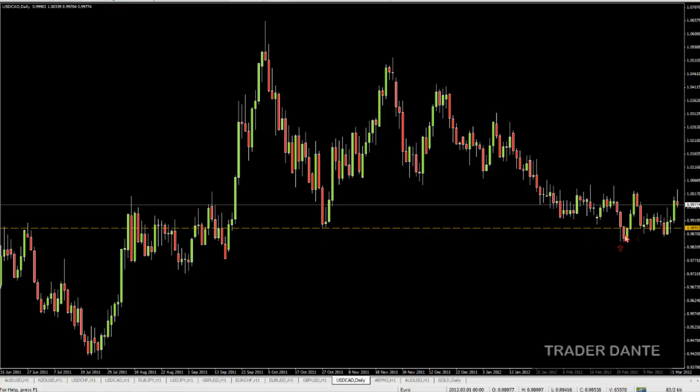What you can see is that we break this low and we close above. I'm just about to show you. If you see here, we break this low and we close above. So at that point, we know that we've got a daily bias that this is going to head up, that we're going to get a reversal at this point here.